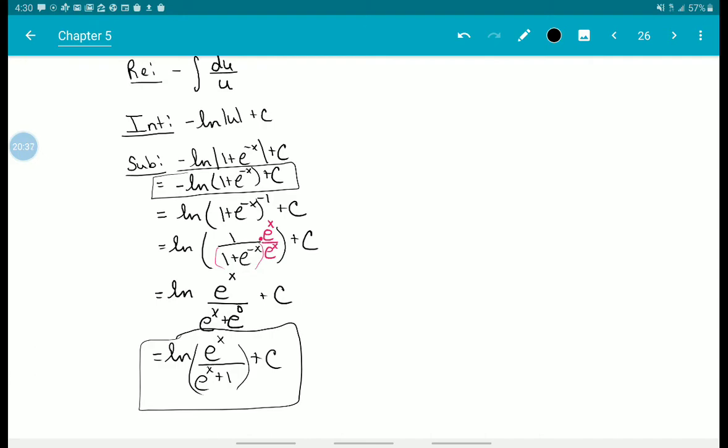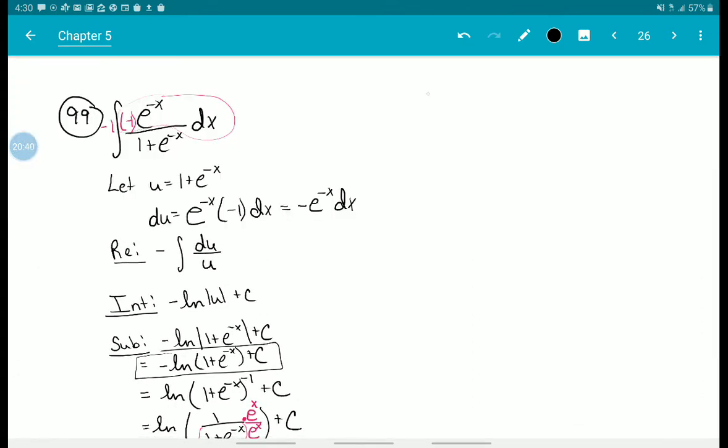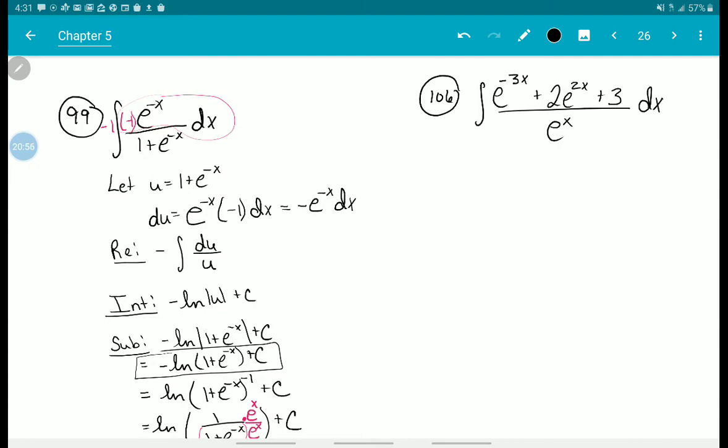And let's look at 106. 106 is integrating e to the negative 3x plus 2e to the 2x plus 3, all over e to the x. So one thing we would want to do is split that numerator.